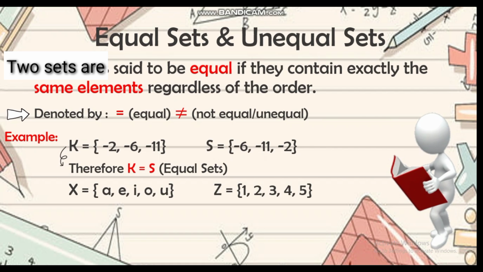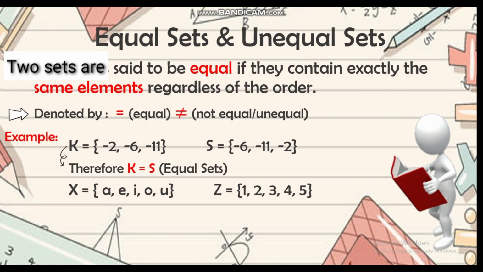Okay, we have another example. We have sets X and Z. X is A, E, I, O, U, and Z is 1, 2, 3, 4, 5. Looking at the example, parehas sila, they both have 5 elements. But na-violate nila ang property ni equal set nga exactly the same elements.